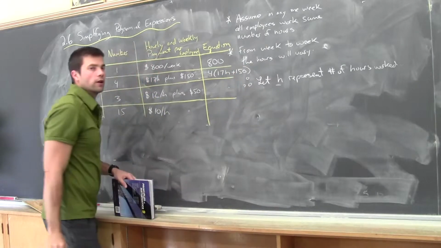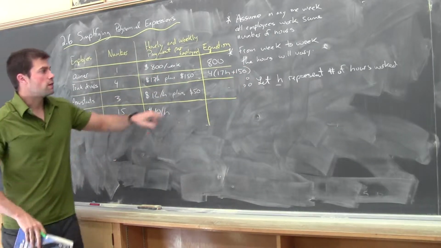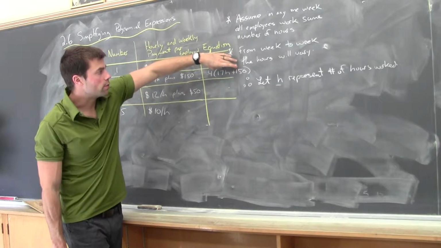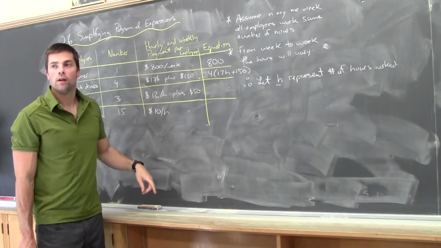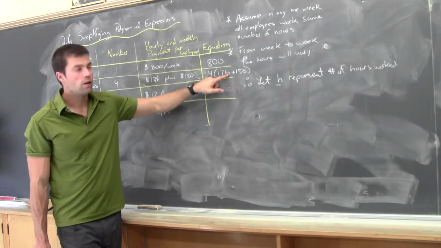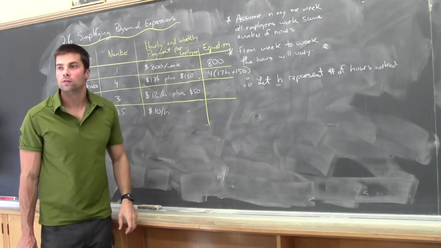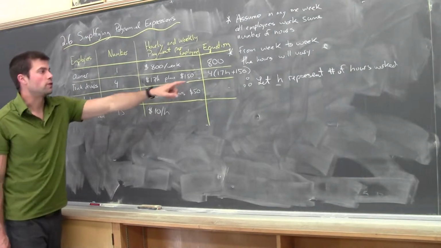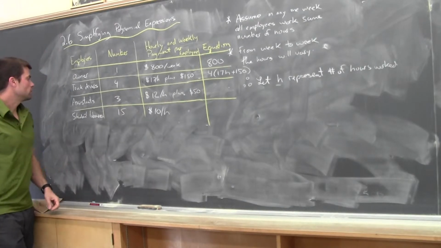Perfect. That's exactly right. What Kevin did was he said, well, there's 4 of them, so I need to multiply however much one of them makes by 4. One of them is going to make 17 times the number of hours that they work plus $150 for gas, I think in this case. So that's a perfect equation for our truck drivers.